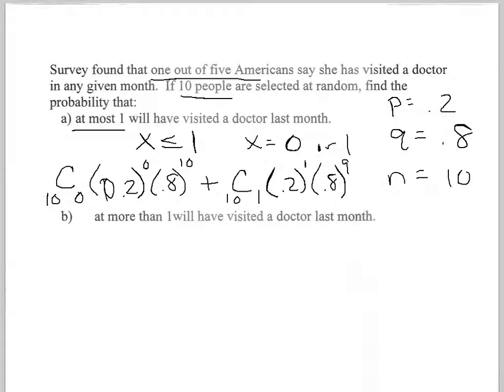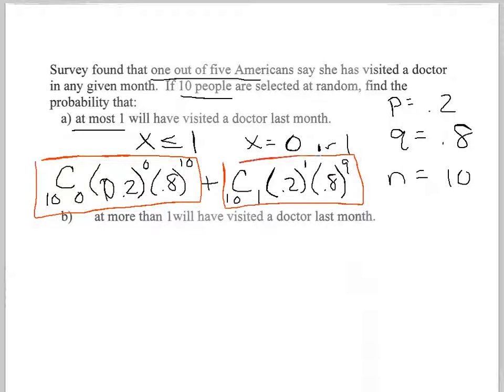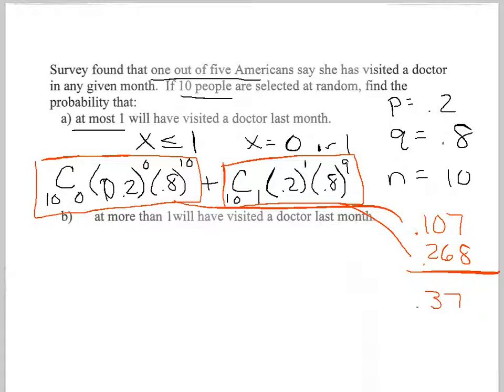This is the probability that 0 people out of 10 will go to the doctor. This is the probability that 1 person out of 10 will go to the doctor. Well, this number ends up being 0.017. This number ends up being 0.268. So the probability that at most one of them will go is right there.